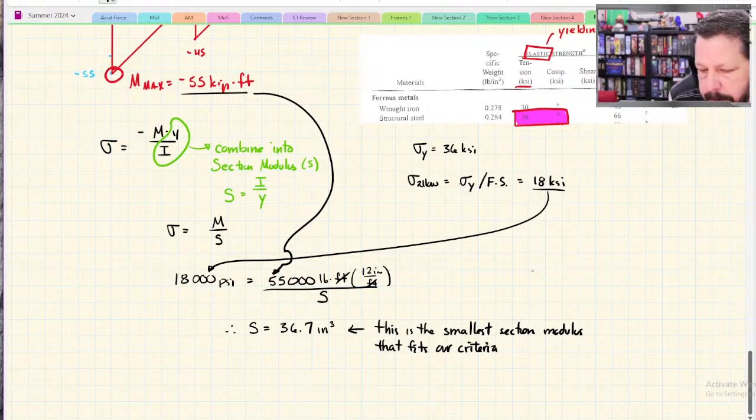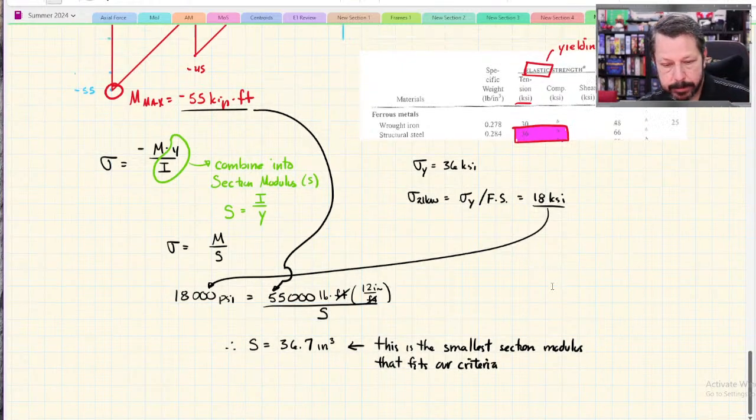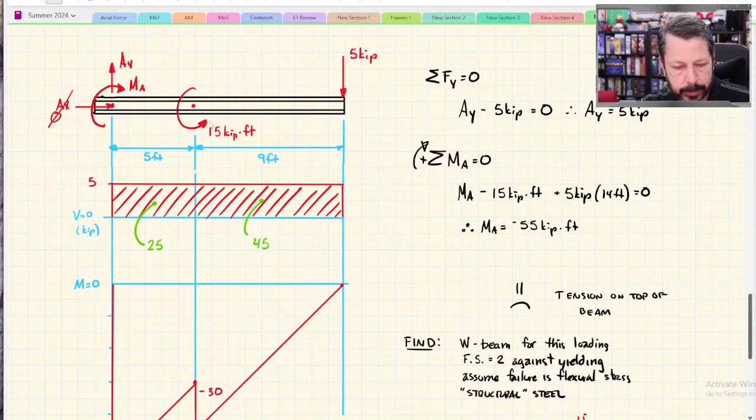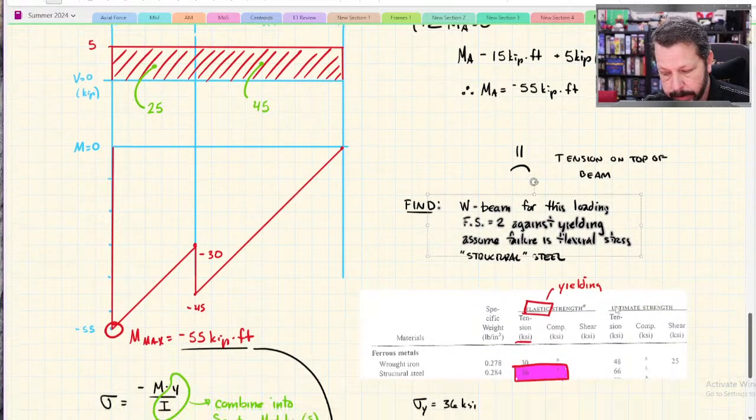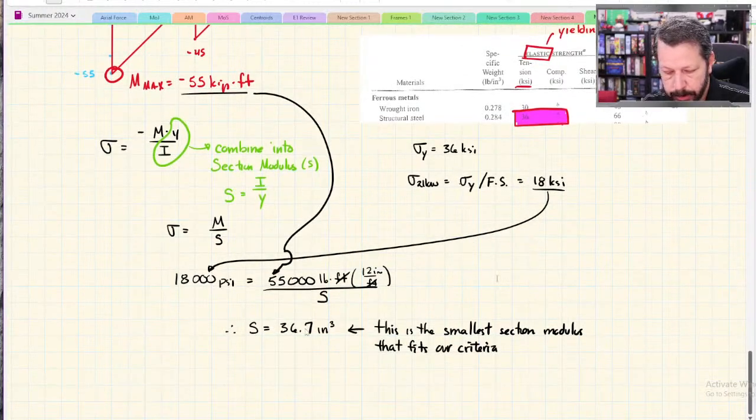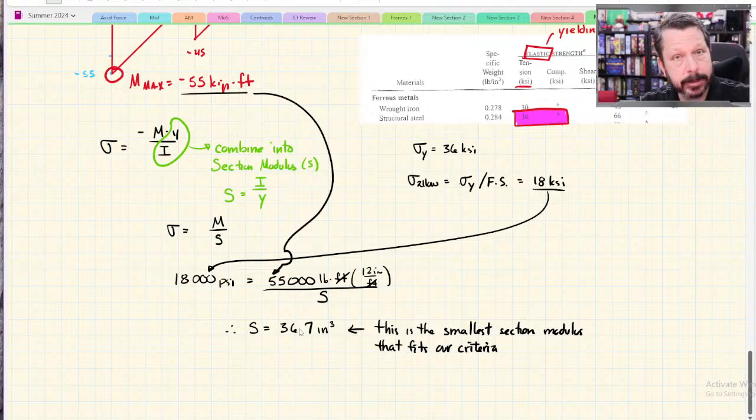And our criteria was we wanted this beam loading, so we wanted that point load at the end, that concentrated moment, and we wanted a factor of safety 2 against yielding. So this number, 36.7, is the smallest section modulus that will meet all of that. Anything larger works. Anything smaller fails.